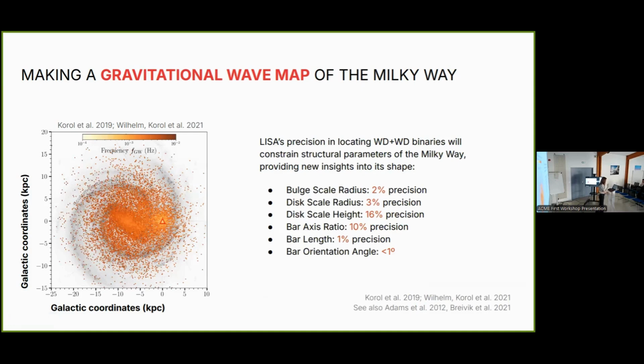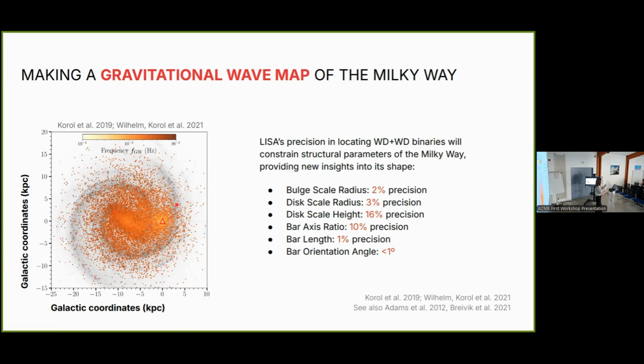And it turns out that LISA sky localization and distance measurement are good enough to constrain the galactic scale parameters. For instance, we did some studies that assume an analytical expression for the distribution of double white dwarf binaries.